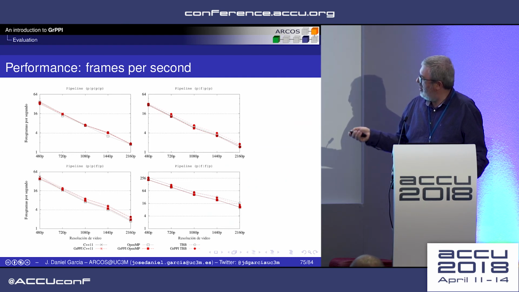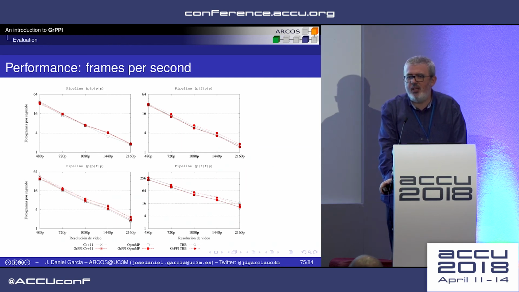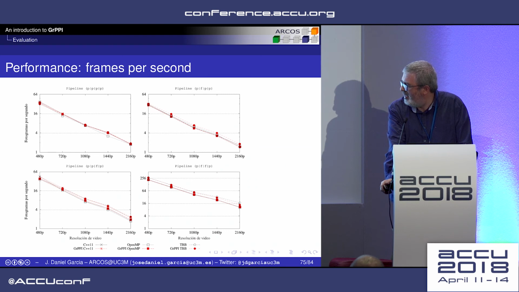Of course, this goes to a higher scale. But what is relevant for us is the difference between manual implementations and GrPPI implementations: we lost a little bit, but it was always below 4% in terms of performance.